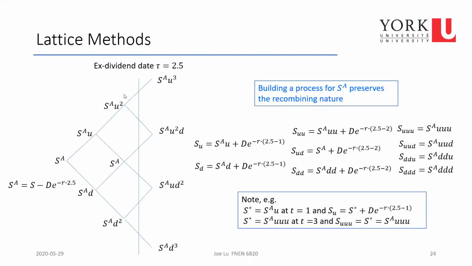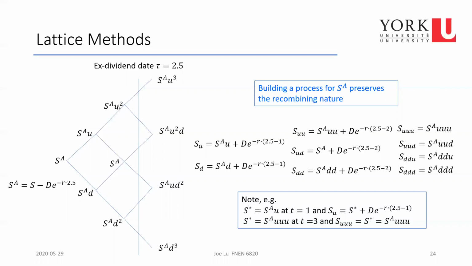Then the stock price that's subtracted from K is not SA U square. Instead, it is this S U U, which is SA U square plus this value here, because you haven't paid the dividend here. Okay, so that value of immediate exercise will be different.